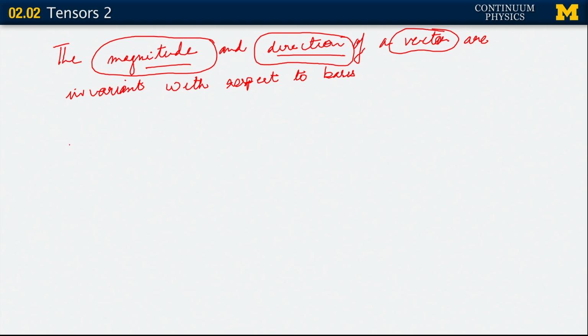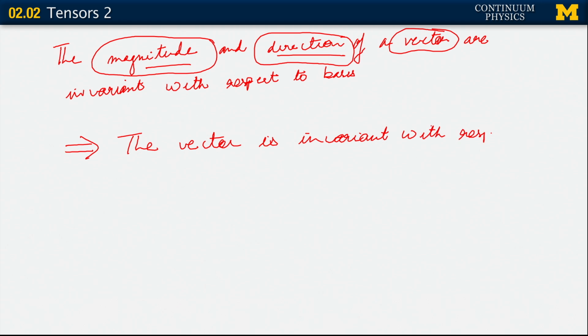So this implies that the vector is invariant with respect to bases. And this is what we mean by the invariance of a vector. This is the property of invariance that a vector has.